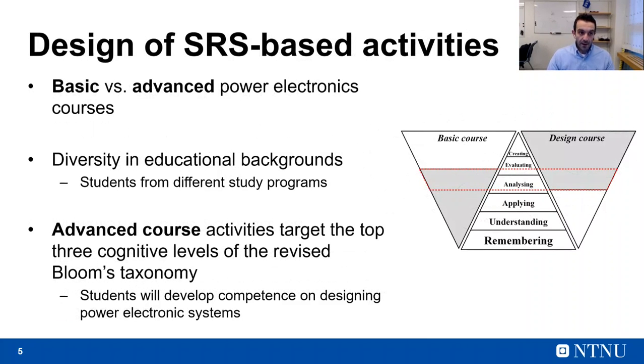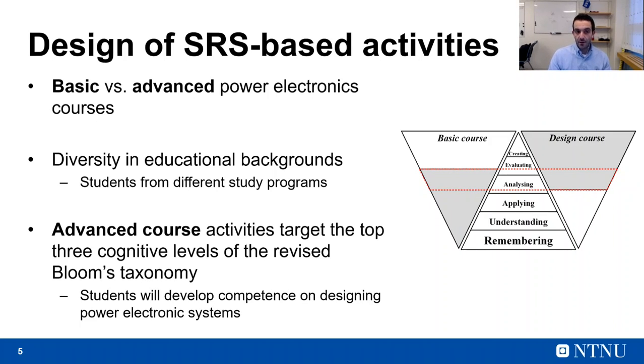So the way I designed the SRS-based activities, before doing that, I had a look at the revised Bloom's taxonomy, and I tried to map the basic and the advanced course in power electronics. What I'm talking about in this presentation is an advanced power electronics course. It is offered in the 5th year.